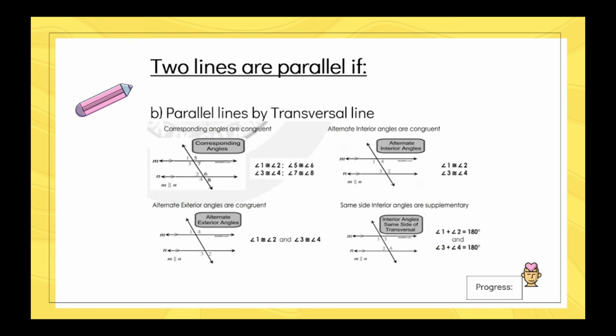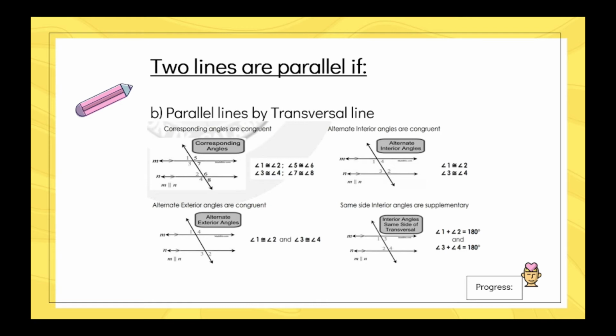So, ano-ano ba yung relationship ng bawat pairs of angles? So, sa corresponding angles, they are congruent. Meaning, parehas lang sila ng measure. Sa alternate interior angles, parehas din. They are also congruent. Alternate exterior angles are also congruent.